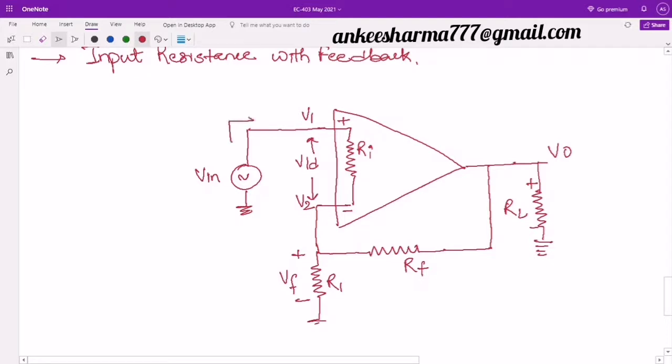And to discuss RIF, I will take the value of the current, let it be Iin. Definitely my feedback resistance will be measured outside this block. If I draw this block, I will calculate my feedback resistance from outside of it.